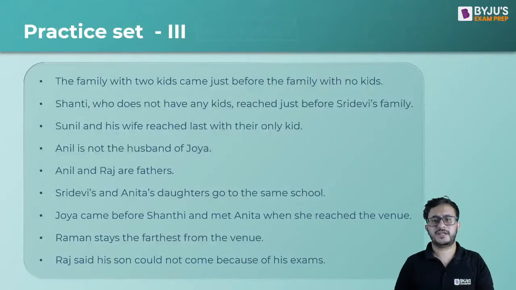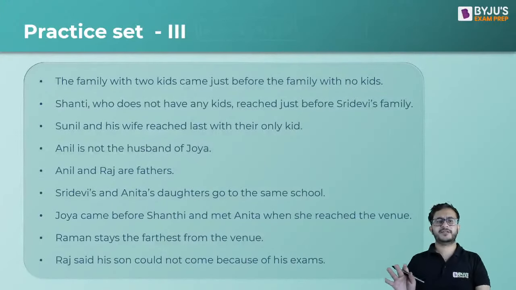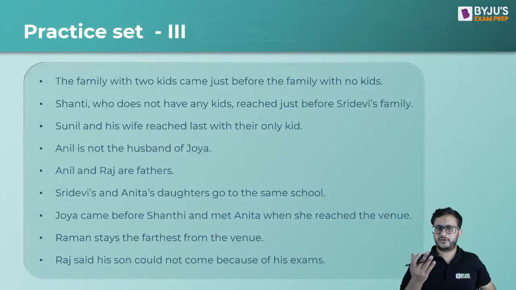So these are four families, like four couples. They have none or multiple kids. They attended a marriage ceremony in a particular order, and you are given certain data about who attended in what order. Let's find out who attended in what order, and then we will answer the questions.